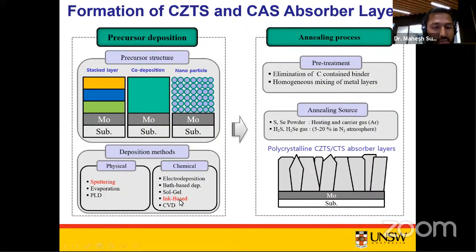In ink-based methods, we usually make quantum dots or nanocrystals of copper zinc tin sulfide, as well as copper antimony sulfide nanocrystals. Then we process this ink-based nanocrystal into thin films, simply using doctor blade, spin coating or screen printing, and then we sulfurize or selenize in a sulfur plus selenium mixed vapor atmosphere in the temperature range between 500 and 580 degrees for about 5 to 10 minutes, depending on the sulfurization unit that we are using.